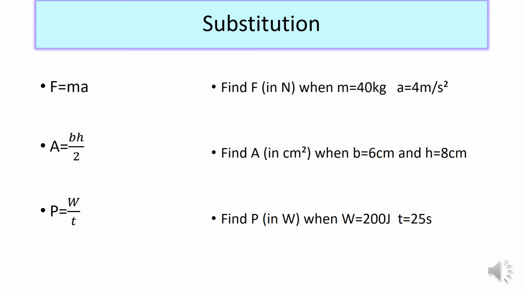So I've got some examples here. In the first example, I need to find the force. So I need to find F when I know that the value of M is 40. So when I see M, I need to replace it with 40, and then the value of A, which is 4.